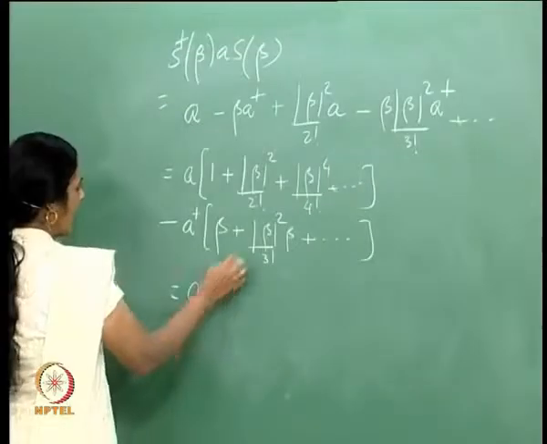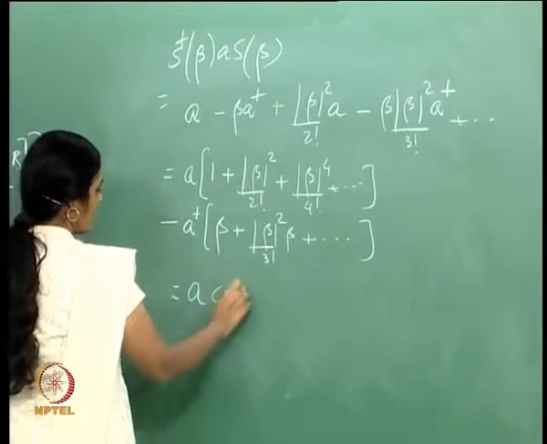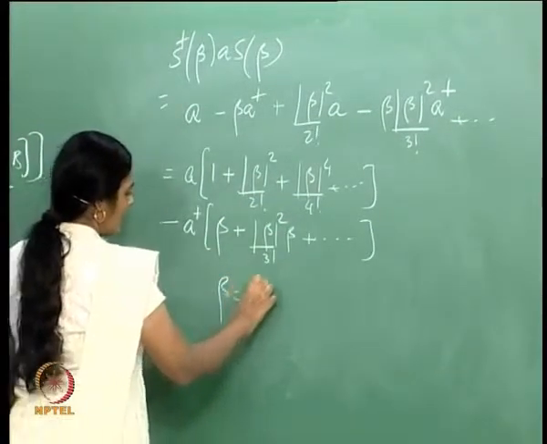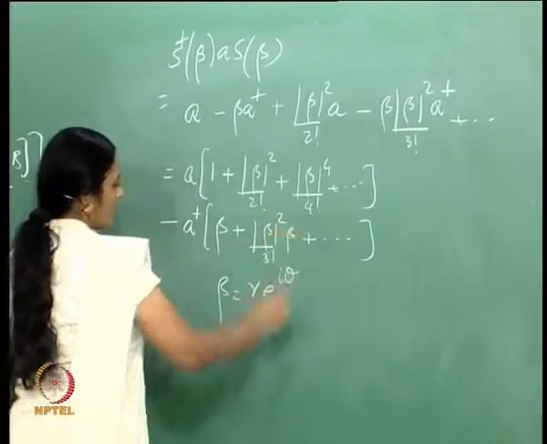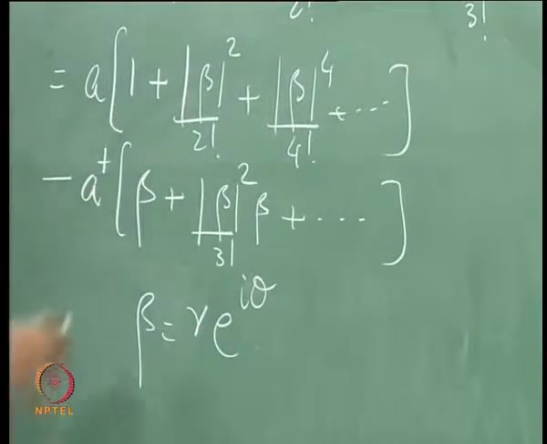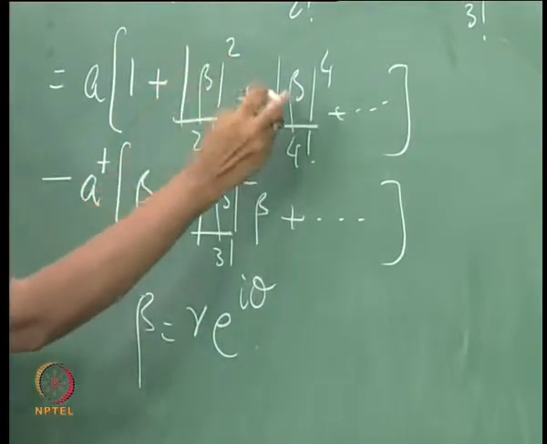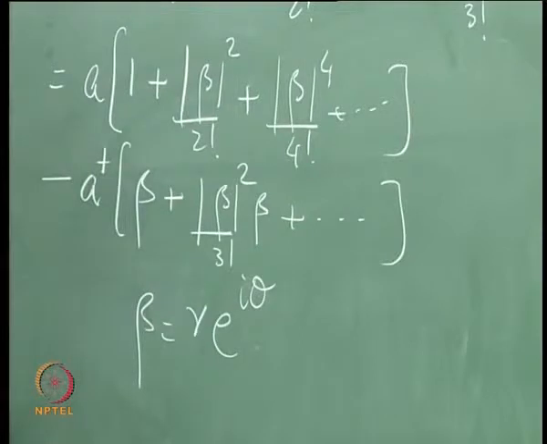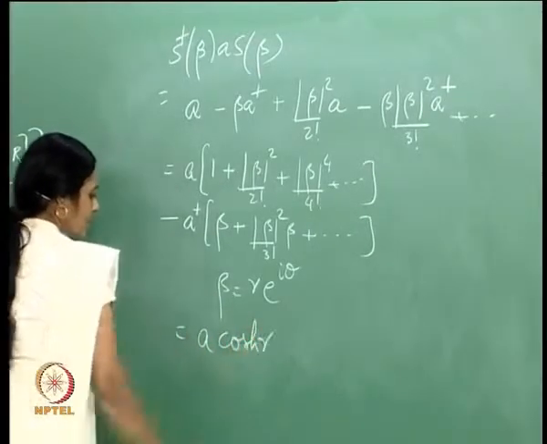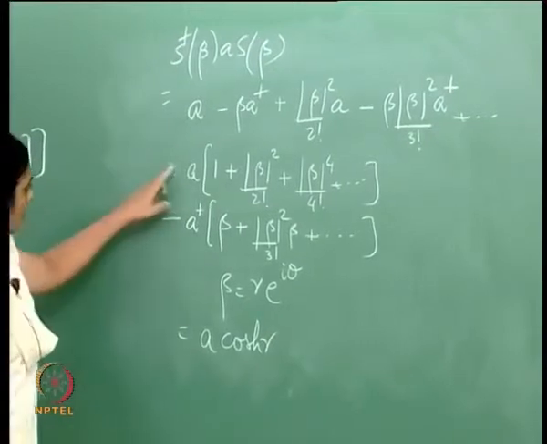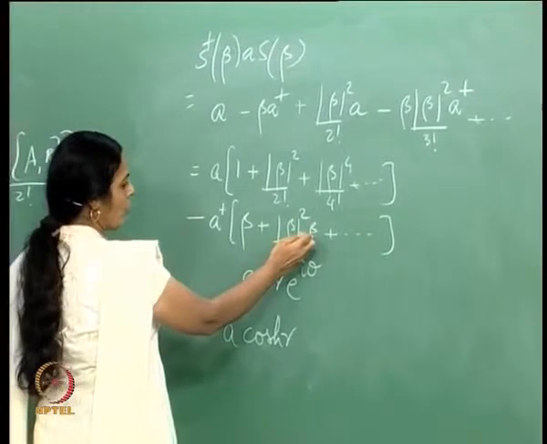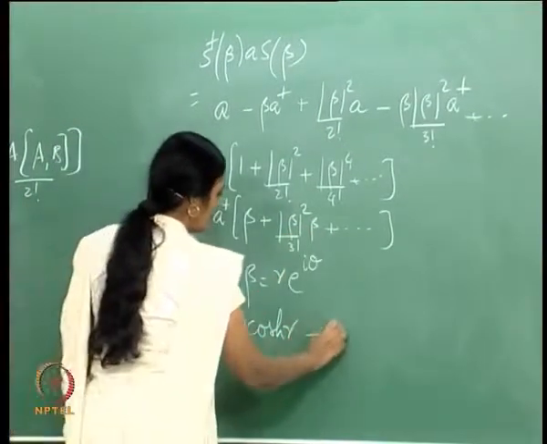That is the same as A, and this is, let me define beta in the polar form as r e to the I theta. So, in the mod squared I just have an r squared and an r to the power of 4 and so on. So, this quantity is A cos h r. There is always a beta here, so I can pull out an e to the I theta.